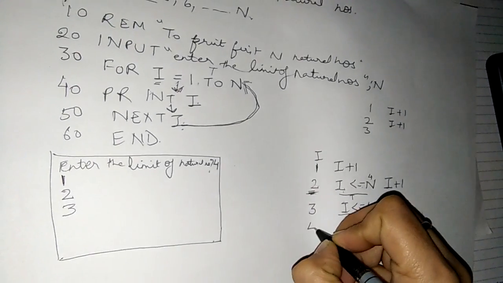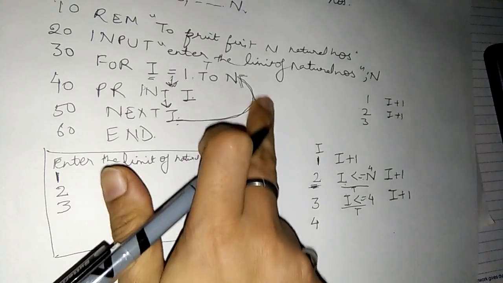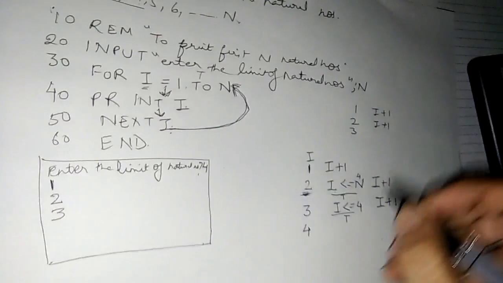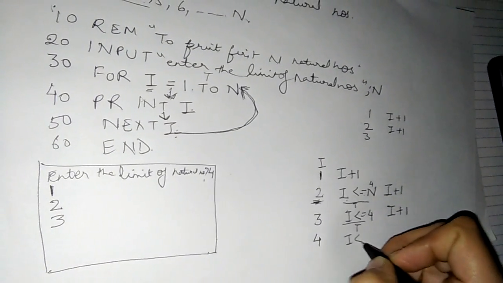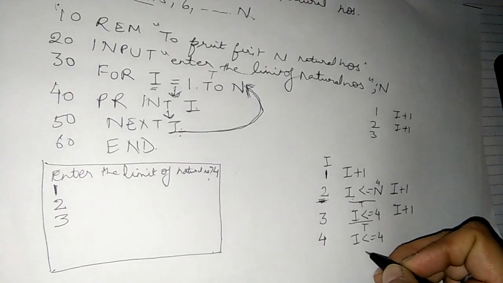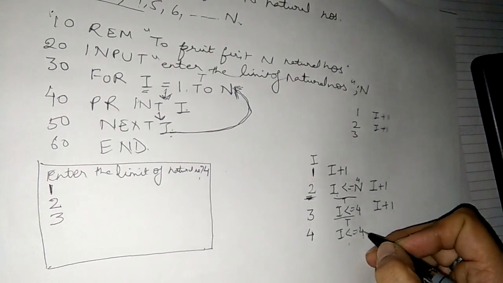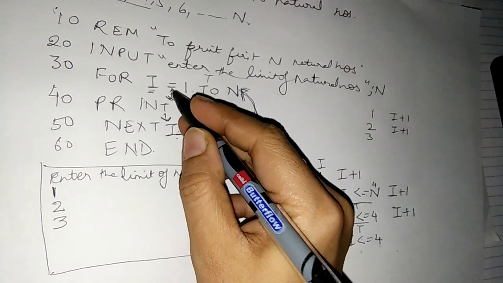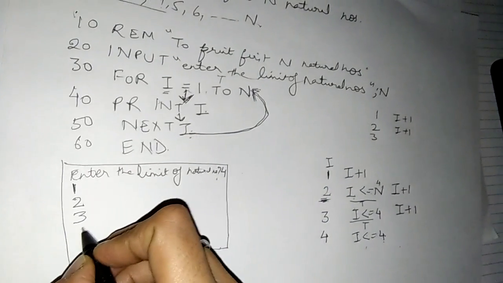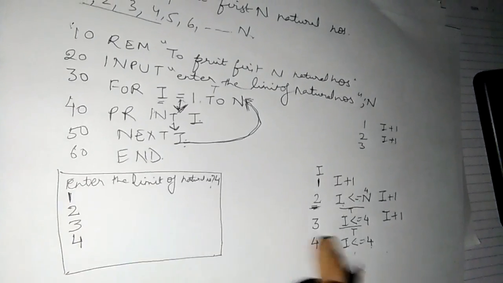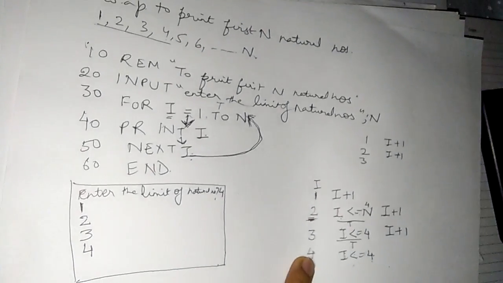Now I becomes 4. Again it will check I is less than or equal to 4. Yes, it is true, because 4 is less than or equal to 4. It will again enter the loop and print the value of I, 4.